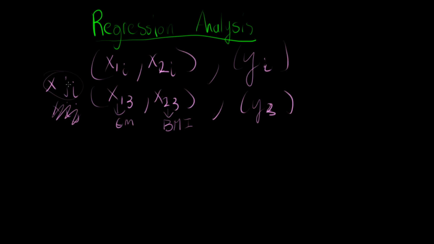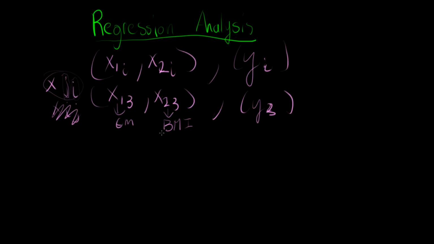For example, x14 means we're looking at the fourth person's height. If it was x24, we're looking at the fourth person's BMI. So it's the jth covariate and the ith person.